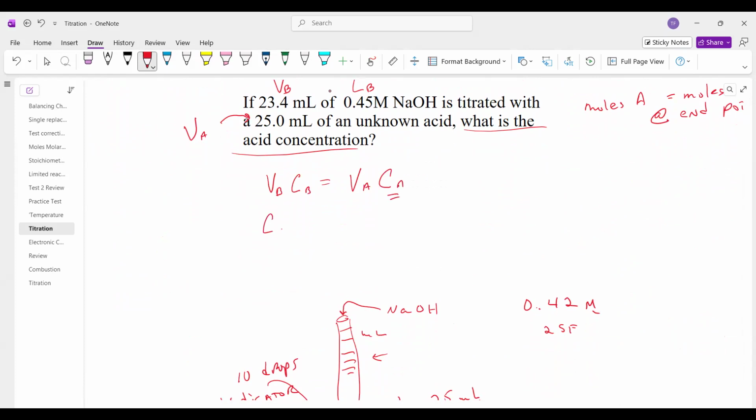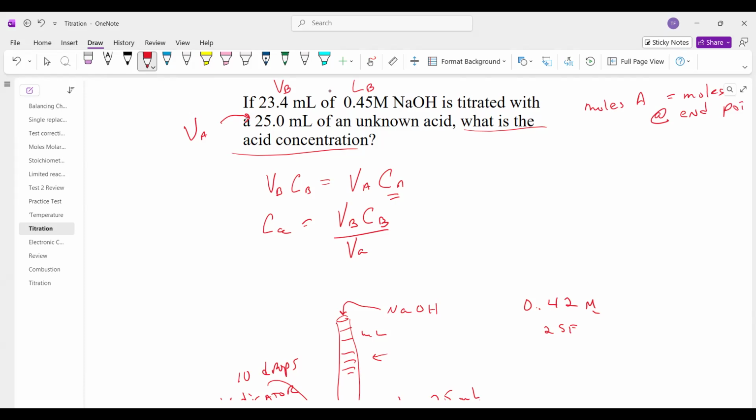So Ca is equal to Vb Cb over Va. Four variables, we know three of them. Calculate the fourth one.